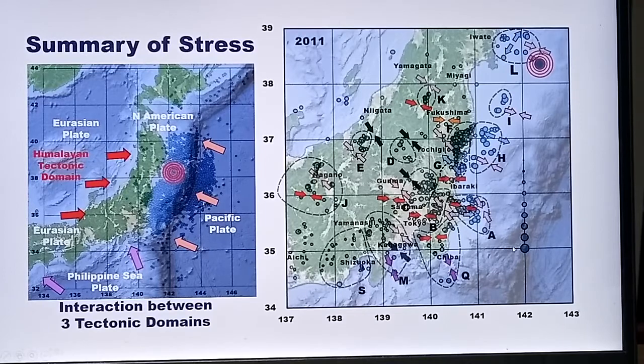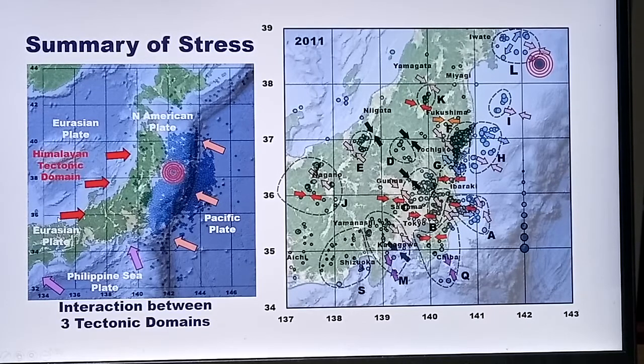So there are three types of compressions. Technically, NW-SE compression might be related to the Pacific tectonic domain, and largely EW compression is related to the Himalayan tectonic domain.